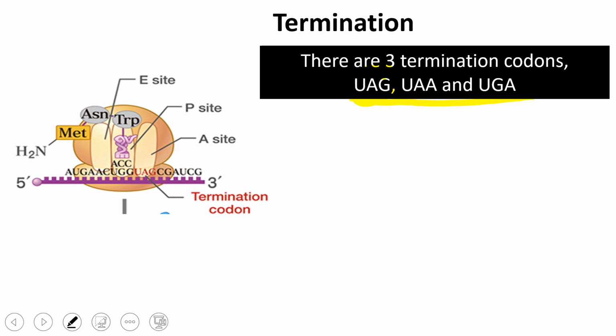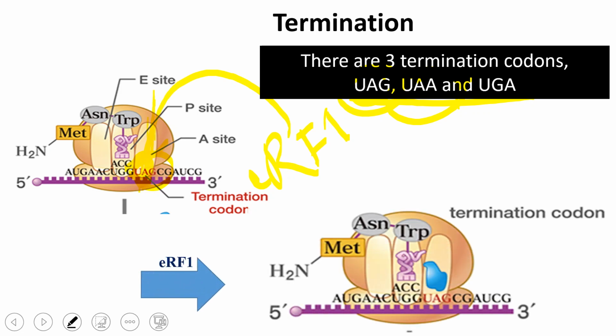So as soon as any of the stop codons comes at the A site, because we don't have any tRNA here, rather we have a releasing factor, that is eRF1, which is structurally similar to the tRNA. Because no anticodon is recognized, this RF can easily bind to this site.